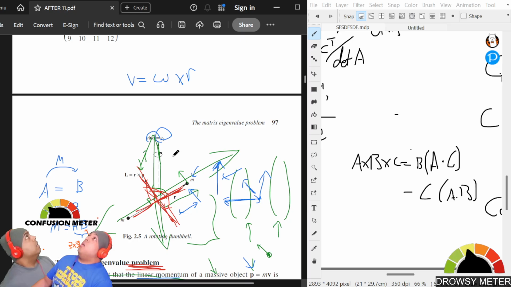Velocity. So these three are perpendicular, right? So r, v, and omega is always in the z-axis.